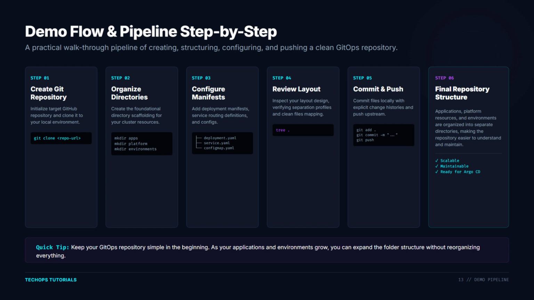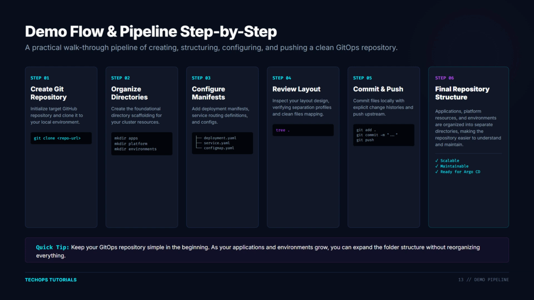Once everything is in place, we will review the final repository structure to make sure it is organized properly. Finally, we will commit the changes and push them to GitHub. By the end of this video, you will have a clean GitOps repository that is organized, easy to maintain, and ready for GitOps deployment. In the next episode, we will use this repository while installing and exploring Argo CD.